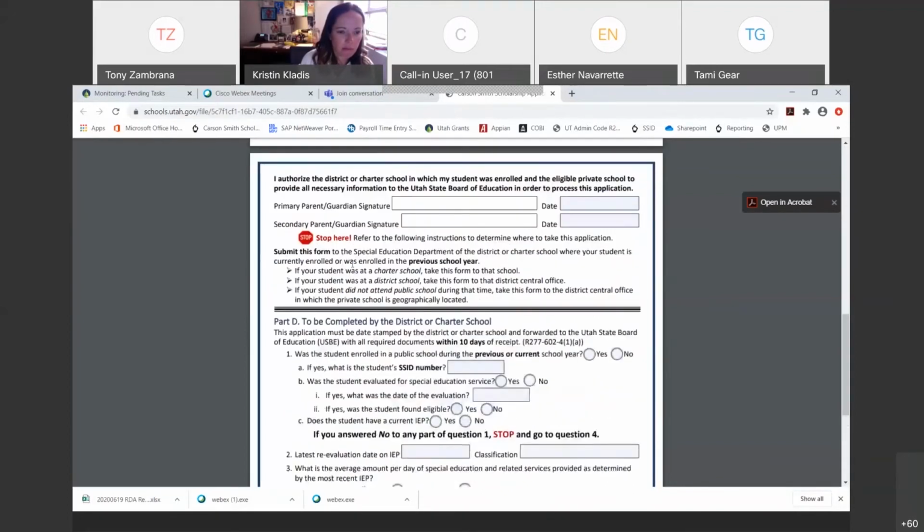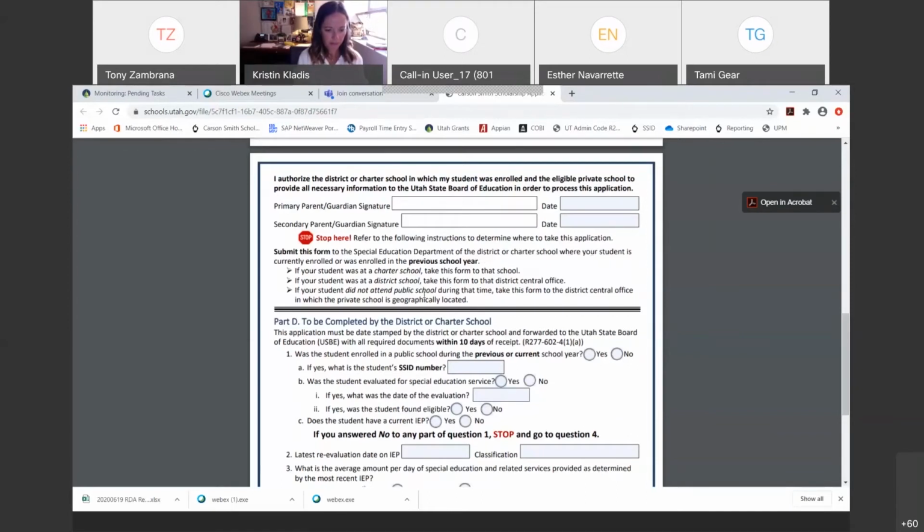Okay, so we'll go ahead and move forward, if there's not any more. Right below the signatures, you'll see a quick summary of that flow chart. Now the parents have signed this application. They don't need to fill out any more because the other parties will be filling out the rest. Now the parent says, where do I take this application? You can read right here below the signatures. It says, submit this form to the special education department of the district or charter school where your student is currently enrolled or was enrolled in the previous year.